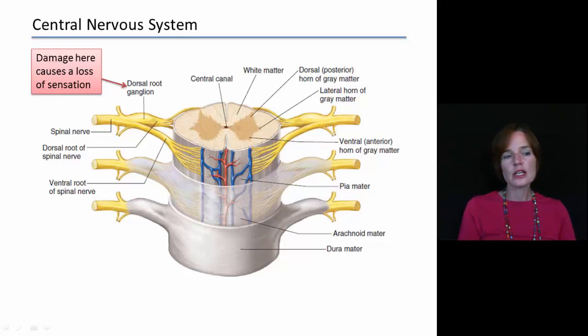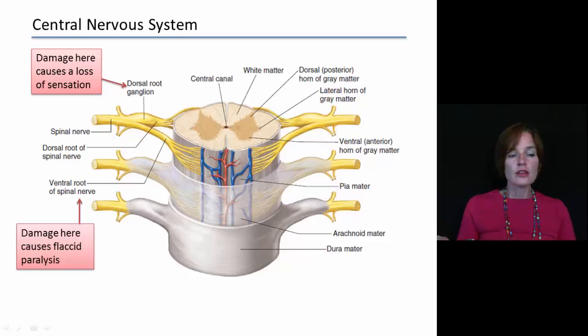Damage in that one is going to result in a loss of sensation, so a loss of feeling, because again, this is carrying information in, and now it would not be able to carry that information in. The ventral root of the spinal cord, this is responsible for carrying information out. So this one is going to cause paralysis, which is an inability to move your organs when we do have damage to the ventral root.